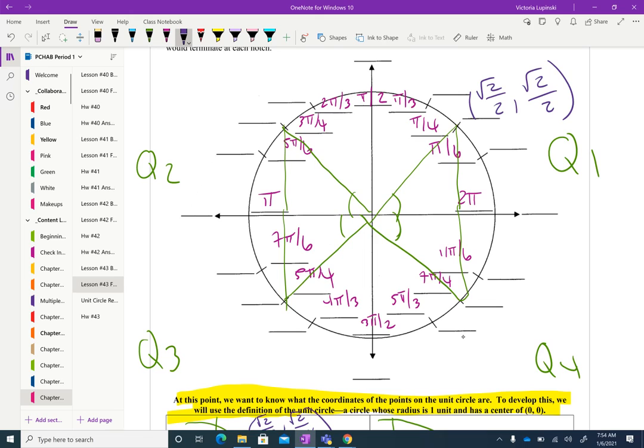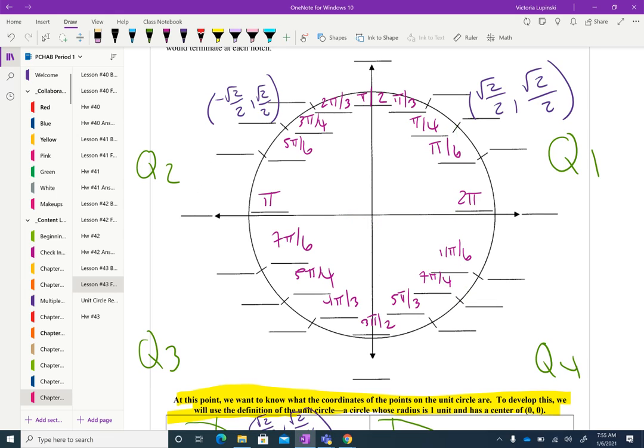So at 3 pi over 4, it's going to be negative root 2 over 2, root 2 over 2, because in quadrant 2 you're negative and then positive. It's okay if you have those triangles drawn; I'm just going to erase them so I have a little more room. Then down here at 5 pi over 4, you have negative root 2 over 2 and negative root 2 over 2, because the x and the y are both negative.